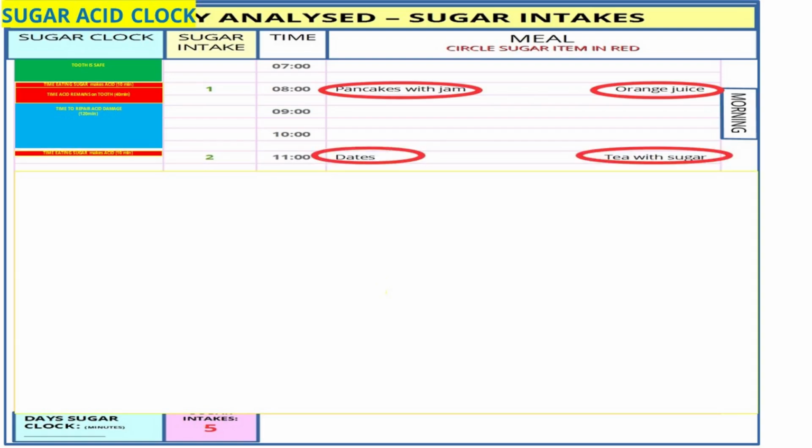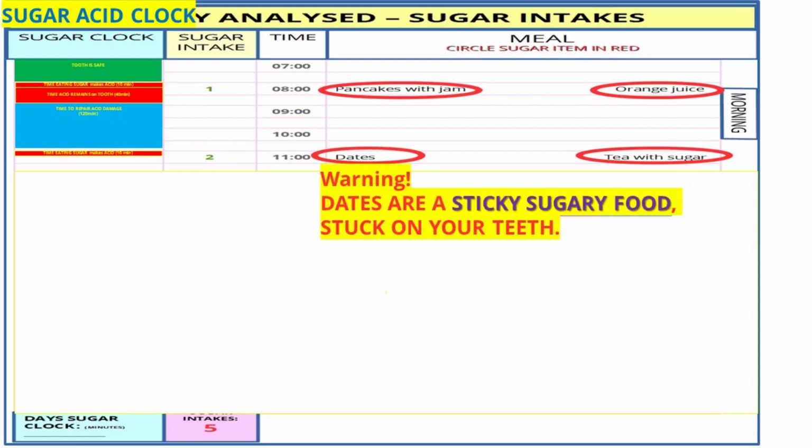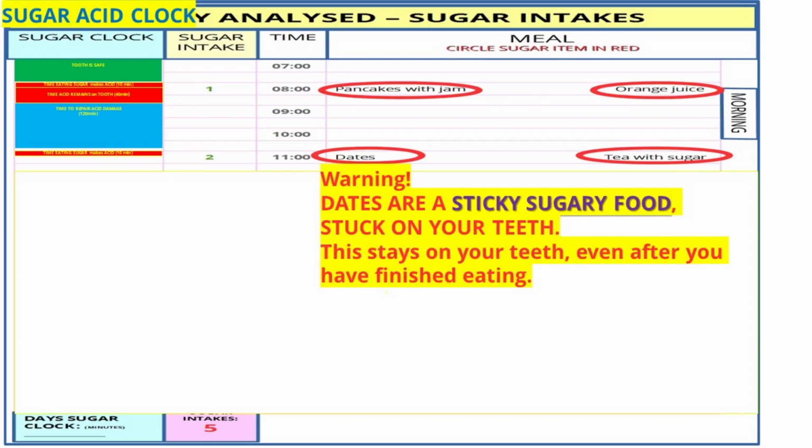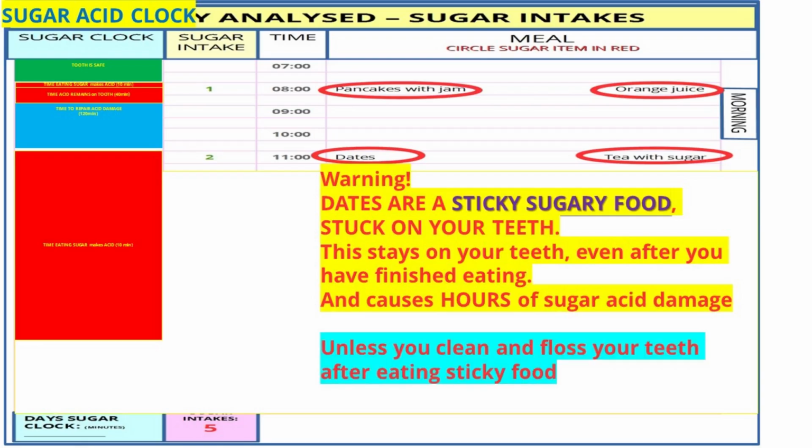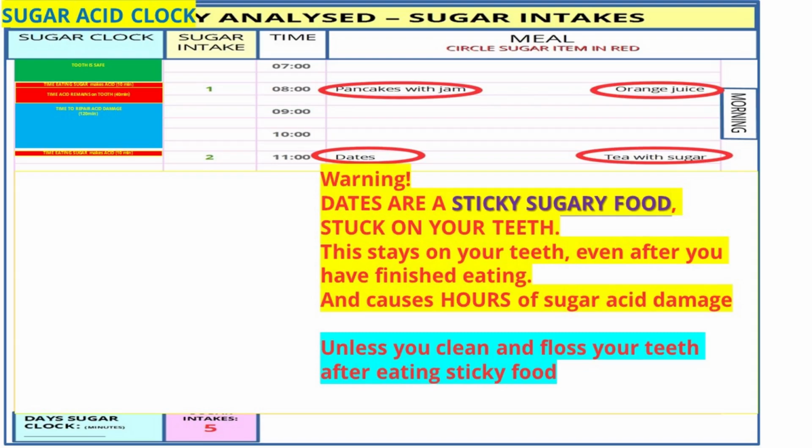At 11 o'clock, we have dates and tea with sugar over 10 minutes, but dates are a sticky, sugary food stuck on your teeth. This stays on your teeth even after you have finished eating and causes hours of sugar acid damage, unless you clean and floss your teeth after eating sticky food, so you don't get hours of damage.